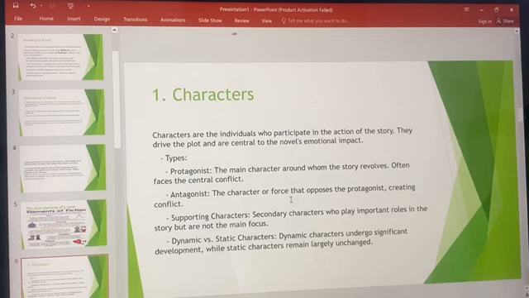Secondary characters who play important role in the story but are not the main focus. We have dynamic versus static characters. Dynamic characters undergo significant development, while static characters remain largely unchanged.